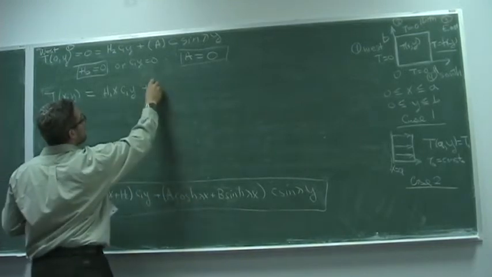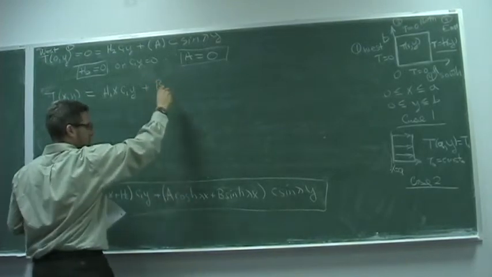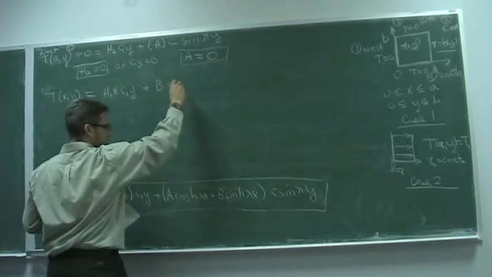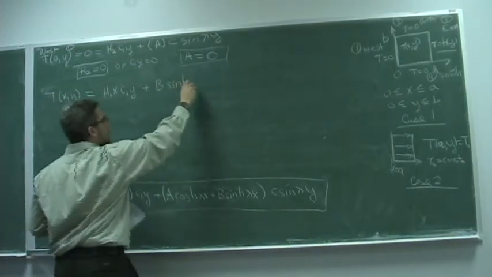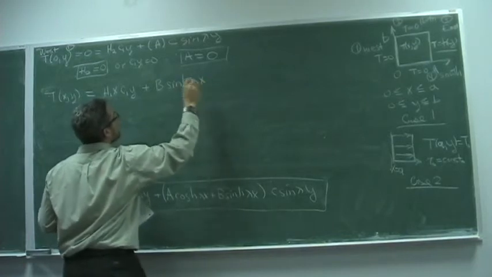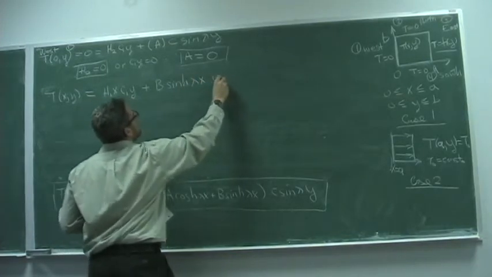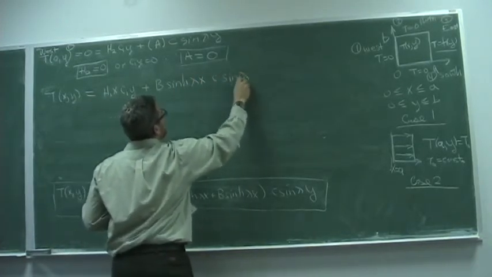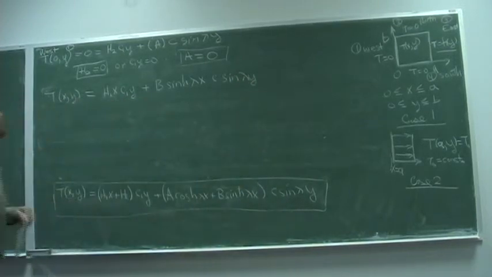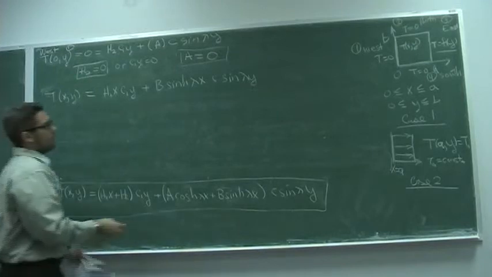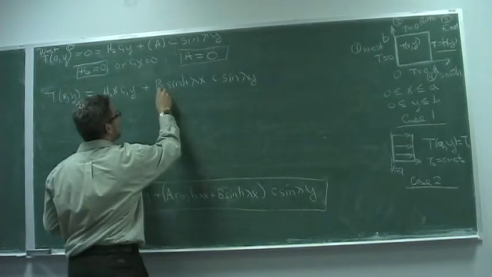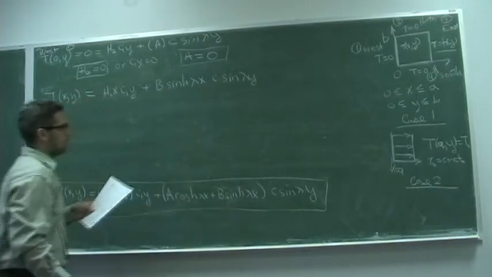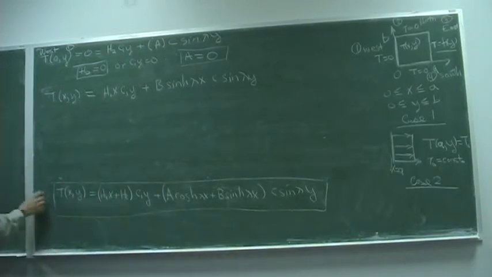So now I've got b times the sine hyperbolic of lambda x times c sine lambda y. Okay? So that's where I'm at now. So if I take a look at this here, I've got two constants that I can combine in a little bit. Okay, so we've written up our next step.